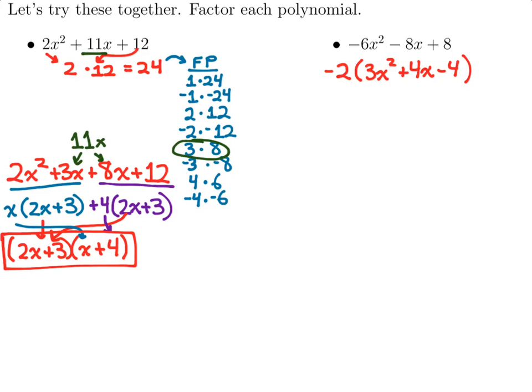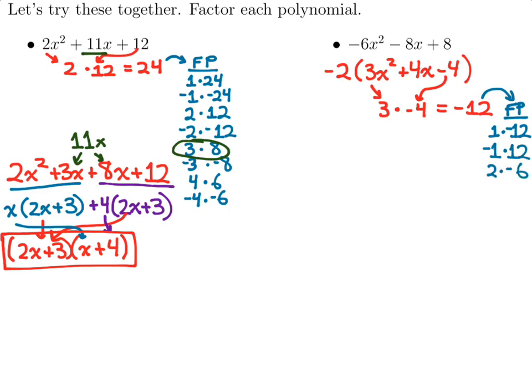You factor out the -2, brings down the numbers, so that now when you multiply the leading coefficient by the constant, it's 3 times -4, which is -12. -12 is not a fun number to work with for factor pairs, but it's better than what it would have been, which is what, -48 at the top there? That's a disaster.